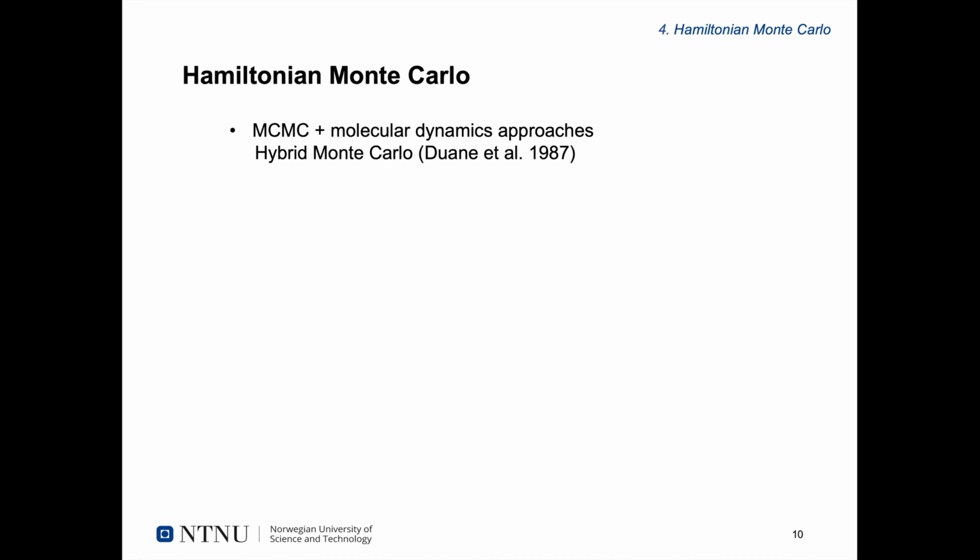Now I move on to the topic that I really want to talk about. That is Hamiltonian Monte Carlo. This MCMC method was first proposed by Duane and others in their landmark paper in 1987. They united the MCMC and molecular dynamics approaches and called the method hybrid Monte Carlo, which was later rephrased as Hamiltonian Monte Carlo by other literature.